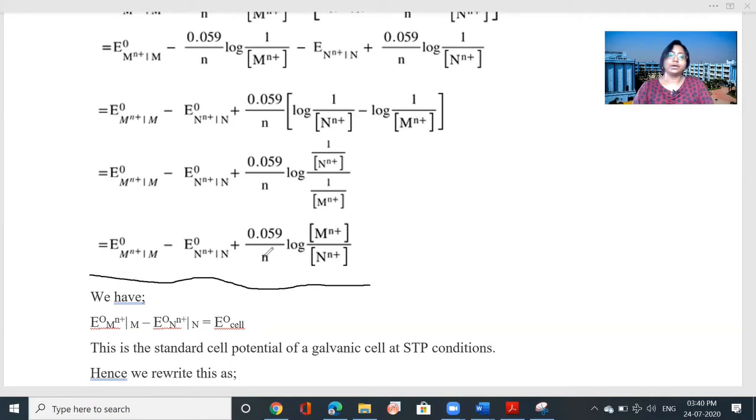You have learned how to derive it. We have E0 of M^n+ | M minus E0 of N^n+ | N equal to E0 cell, so for the cell you have learned how to calculate.